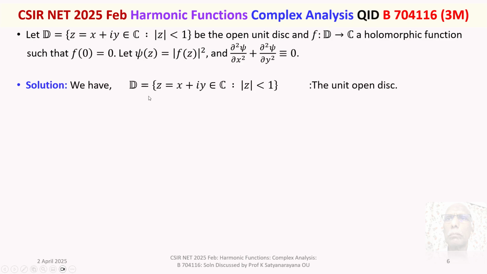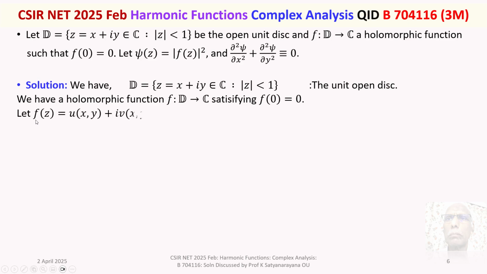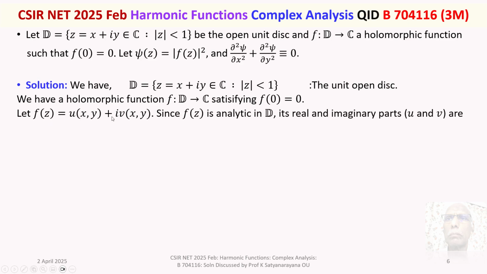We have D, the open unit disk. We have a holomorphic function, that is an analytic function, f from D to C, satisfying f of 0 is equal to 0. Let f of z be equal to u of x comma y plus i v of x comma y. So, u and v are the real and imaginary parts of this analytic function f of z.